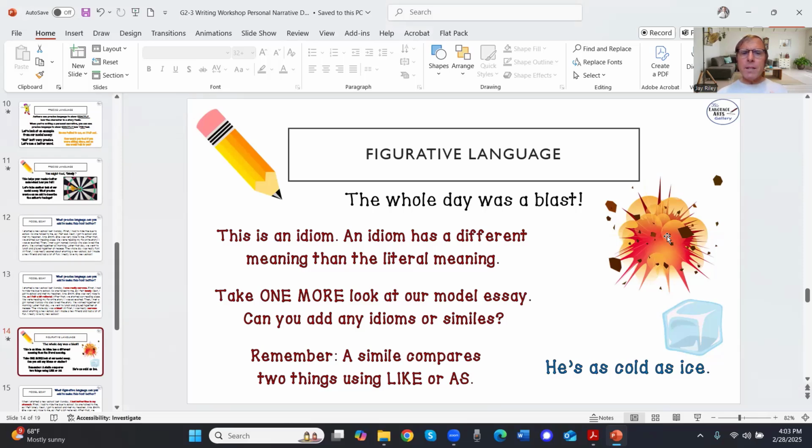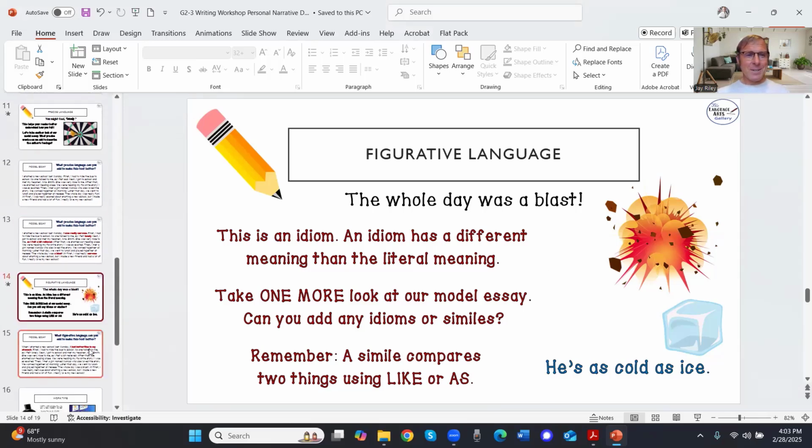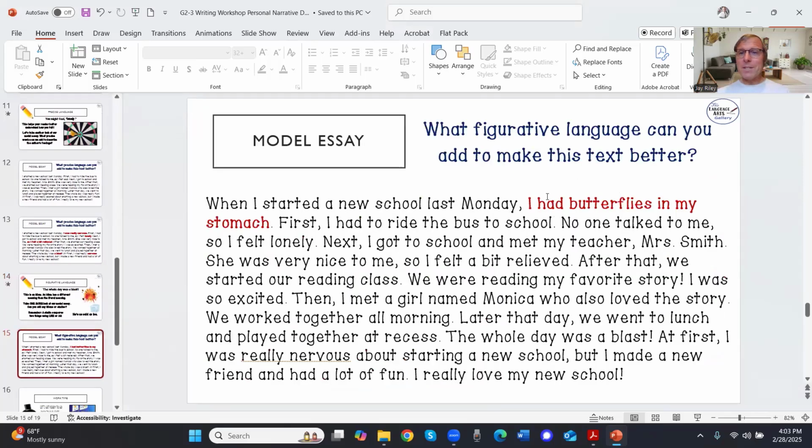But we can also use similes, where we use the words like and as to compare two unlike things. He's as cold as ice. Or we can use expressions like, I had butterflies in my stomach, which is an idiom that describes being very nervous.